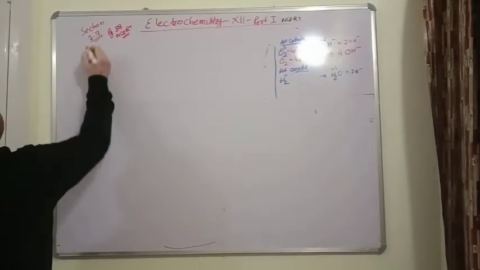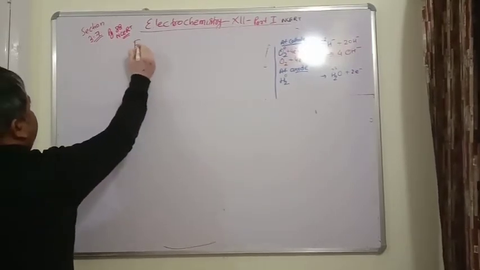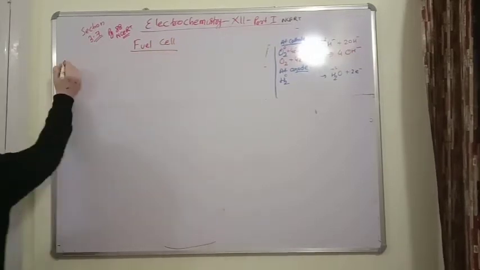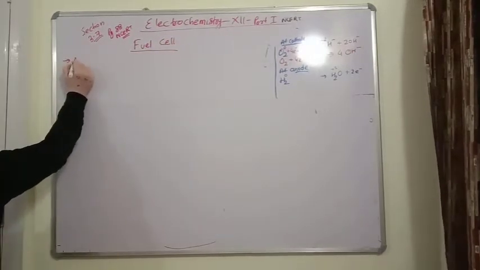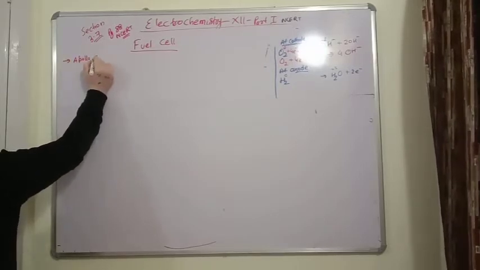So we'll study about section 3.7, page number 88, in which we have to study about fuel cell. Fuel cell was first of all used in the Apollo space program or satellite program.